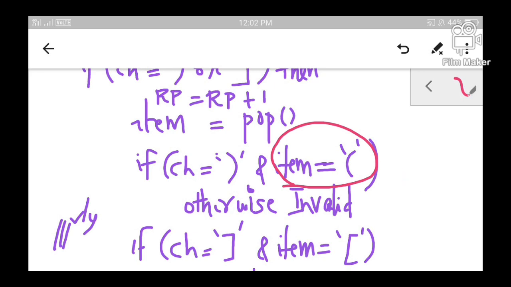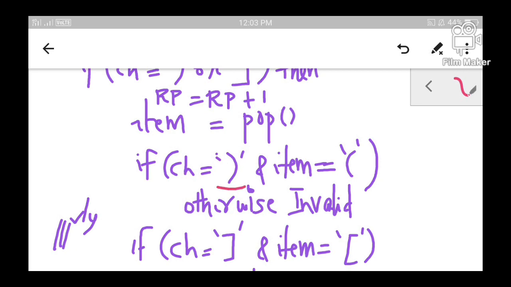That means if I have read a right parenthesis using the keyboard, then immediately I remove the topmost element from the stack, and the removed element is now stored in the variable item. So this is the item removed from the stack, and this is the character currently read through the keyboard.